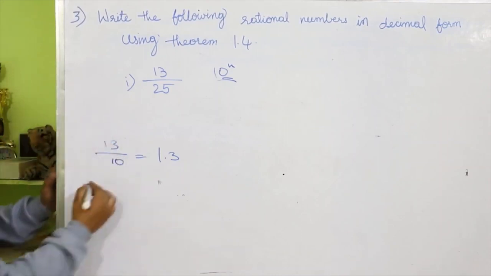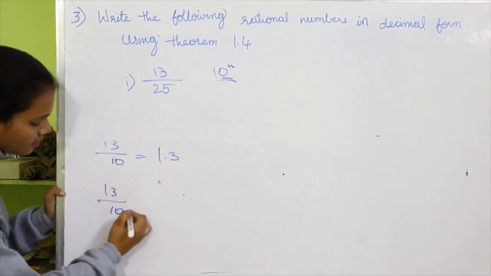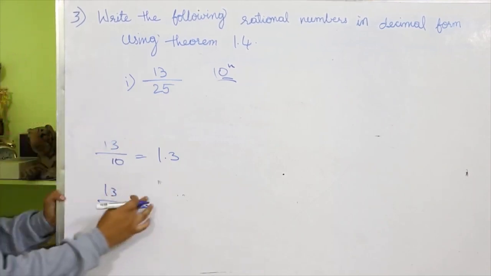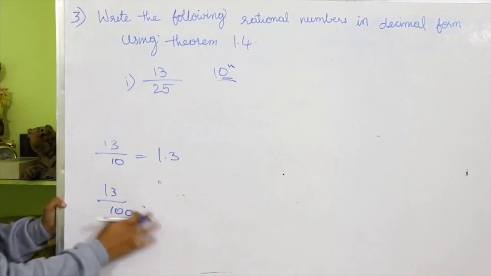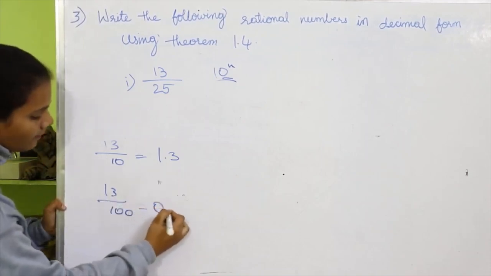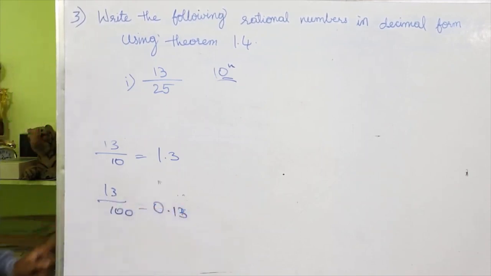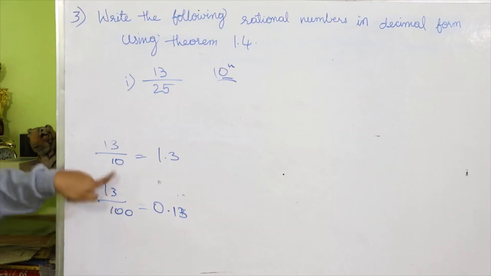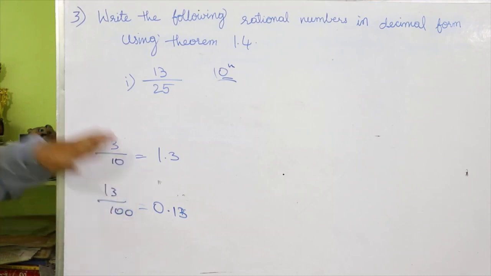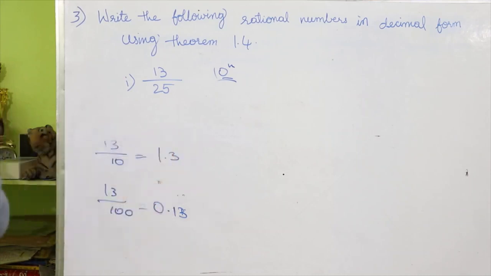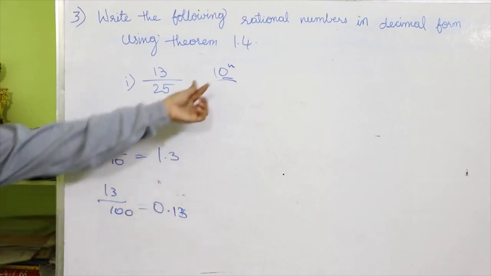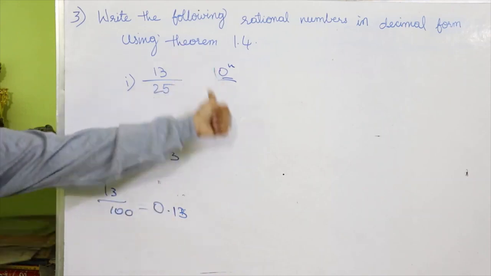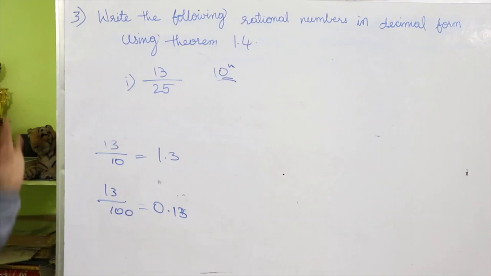If I have 13 by 100, then I can write this as 0.13. So if I have 10, 100, or 1000, I can easily convert this into decimal form. That's what they have asked, to convert the denominator into 10 power n. Clear? I hope you got it.